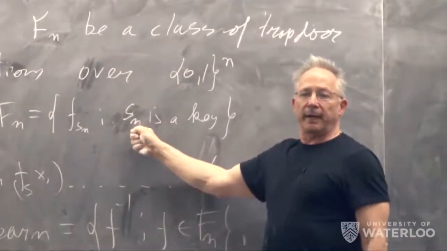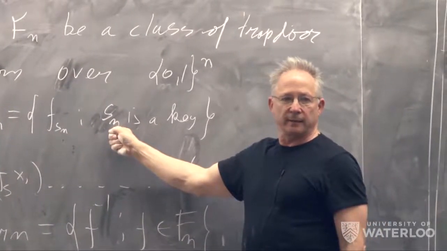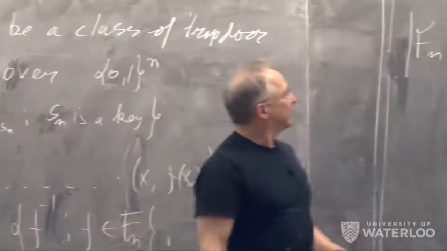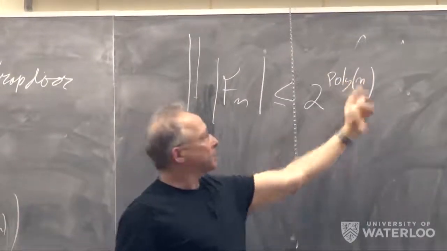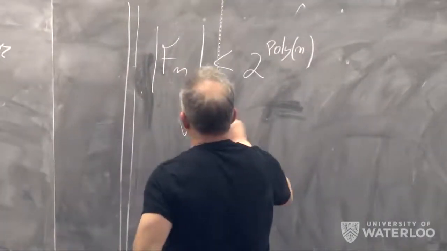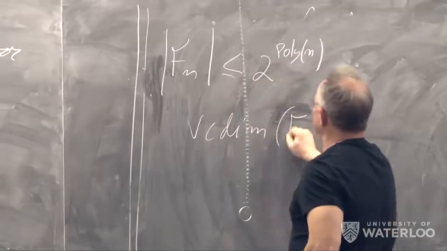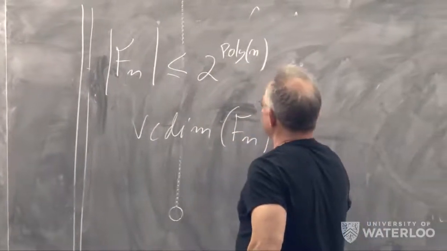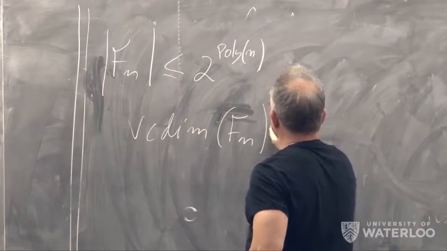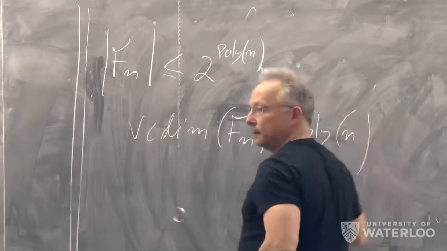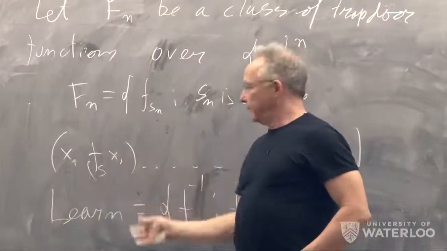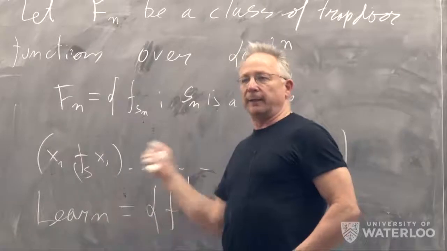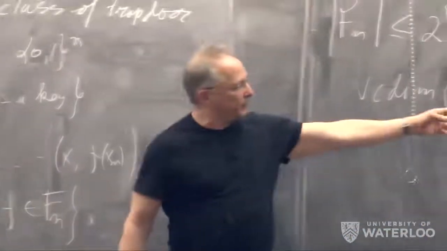Because every key is a binary vector of polynomial size. The number of such binary vectors is 2 to the length of the binary vectors. So I know that the VC dimension of such fn is polynomial in n. So the number of examples that I will need, if I could learn this family efficiently, will always be polynomial in n.